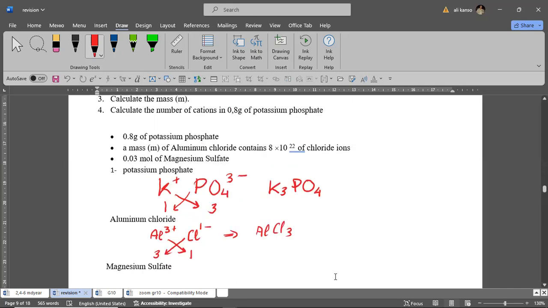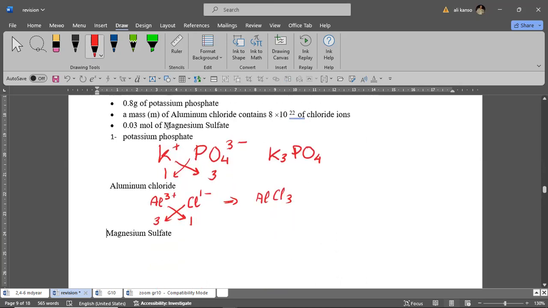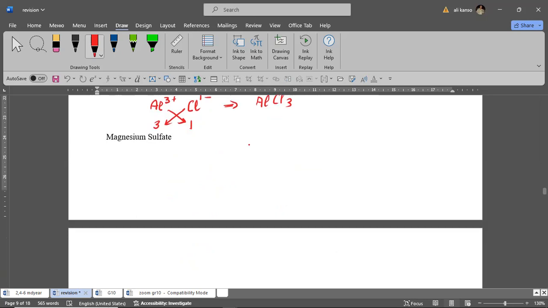Third compound, magnesium sulfate. What is magnesium? Also given: magnesium Mg2 plus and sulfate SO4 2 minus. Because we have equal charges here, no need to crisscross.